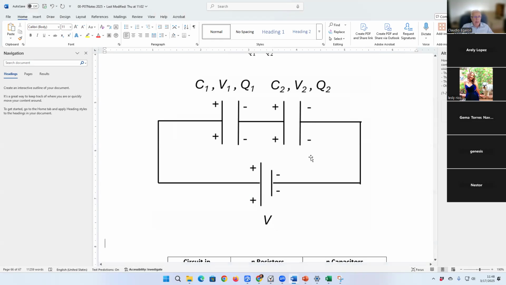Okay, and now I can do the derivation that I promised to do for you. How does it go? Let's start with the conservation of electric potential.